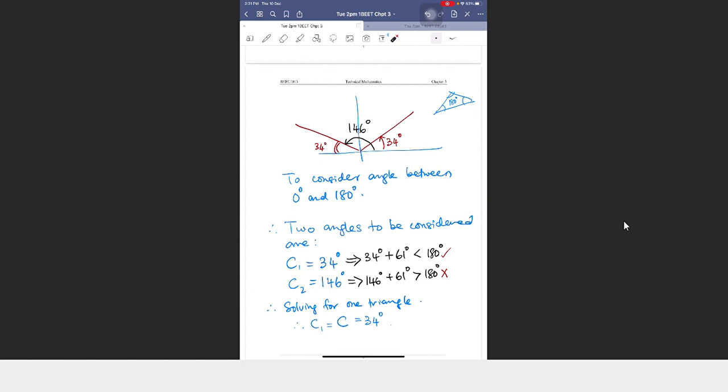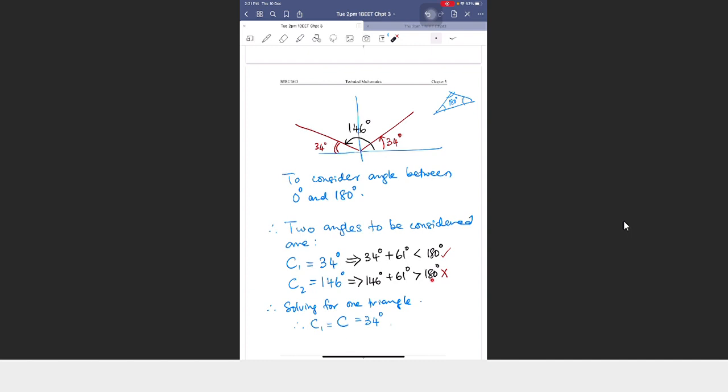You add it to your given angle in the question, and it is still less than 180. That means it is possible to find the third angle in a triangle. Whereas if the angle you've got is in the second quadrant, you add it to the given angle from the question, and it already goes beyond 180 degrees.